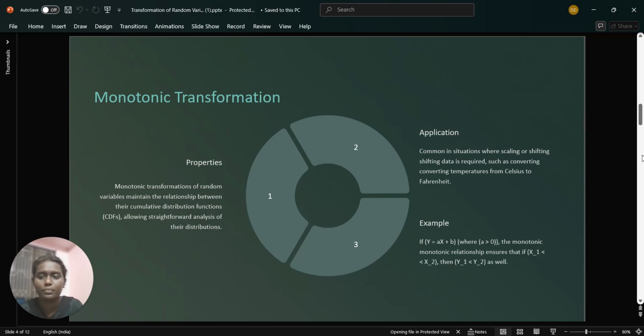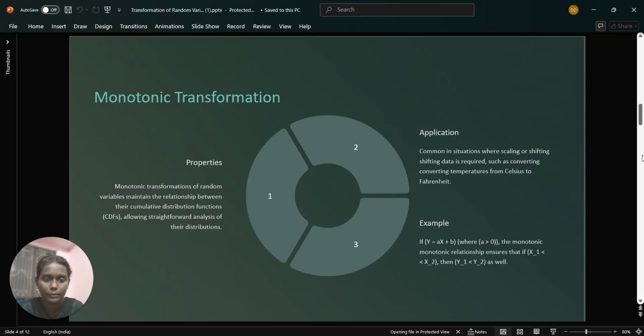The property: a monotonic transformation of a random variable maintains the relationship between their cumulative distribution functions, known as CDFs, allowing straightforward analysis of their distribution. The application of monotonic transformation is very common in situations where scaling or shifting data is required, such as converting temperatures from Celsius to Fahrenheit.